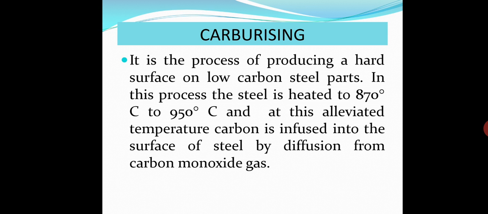In this process, the steel is heated to 870 degrees centigrade to 950 degrees centigrade. So, first you have to choose the temperature. In this case, the temperature is 870 to 950. At this elevated temperature, carbon is infused into the surface of the steel by diffusion from carbon monoxide gas.